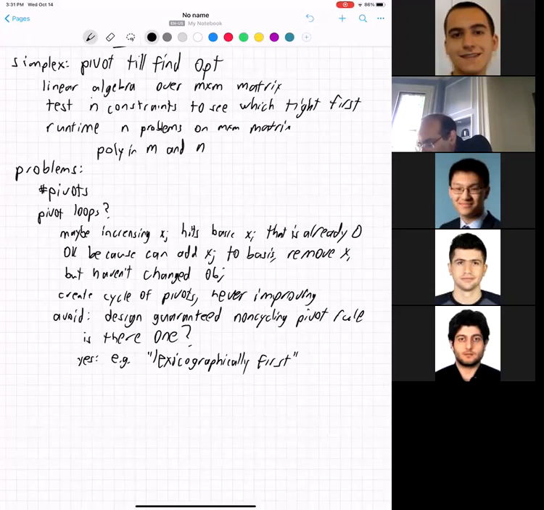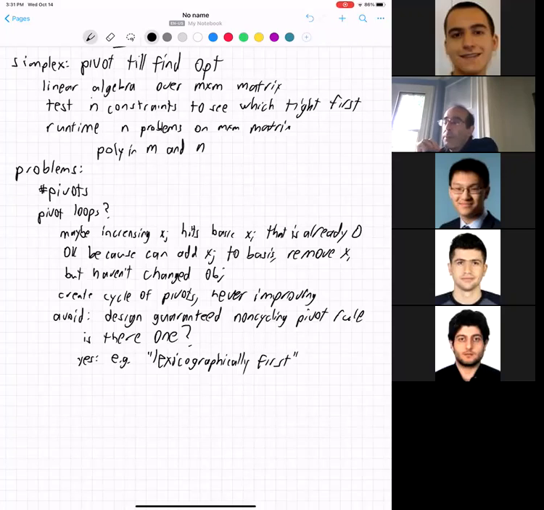There's another problem. Why is there even at least one option that you can increase? Well, remember, there has to be an option, because the only way that you're not at optimum is if there is a negative reduced cost. But there might be negative reduced costs which are not increasable.